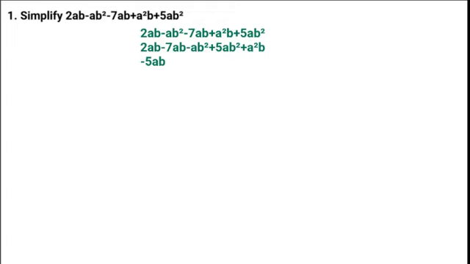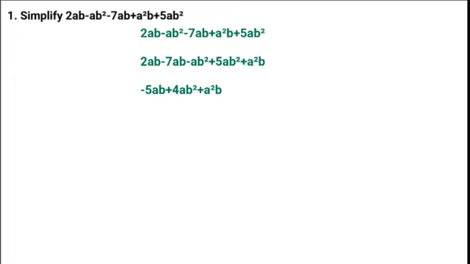Then negative ab squared plus 5ab squared will give us positive 4ab squared. Then I'm going to copy a squared b there. So basically this is the answer we're supposed to write, in case it's not clear.